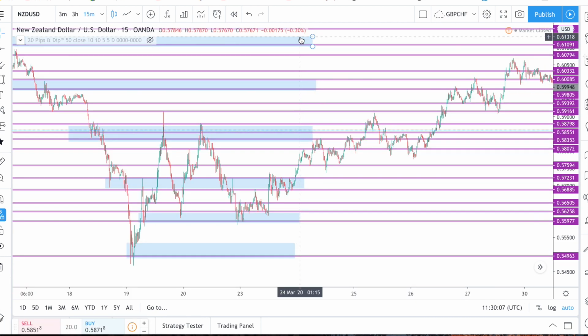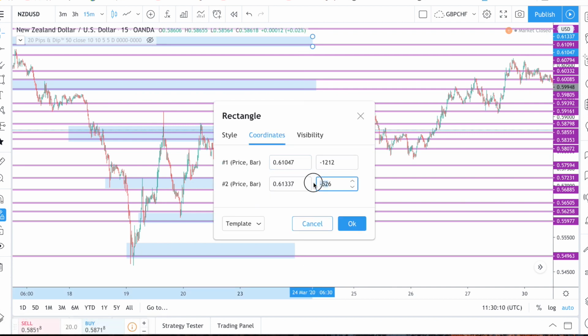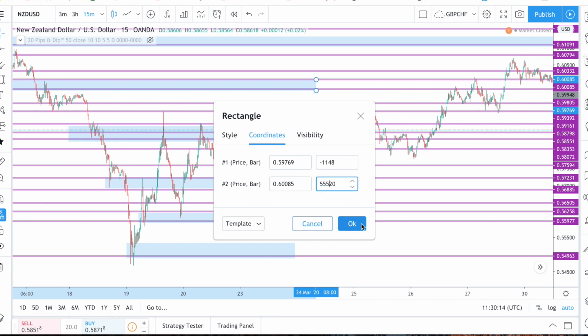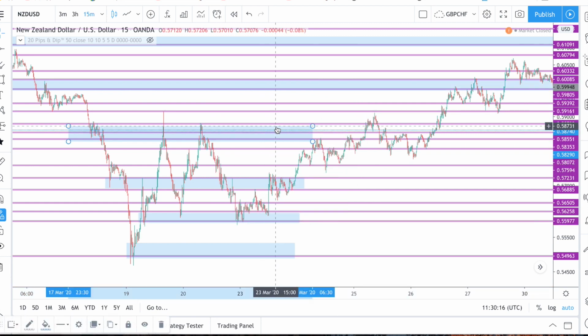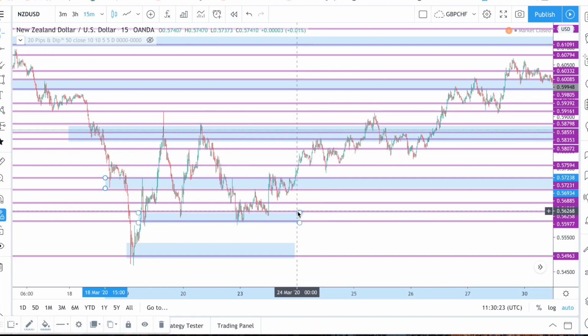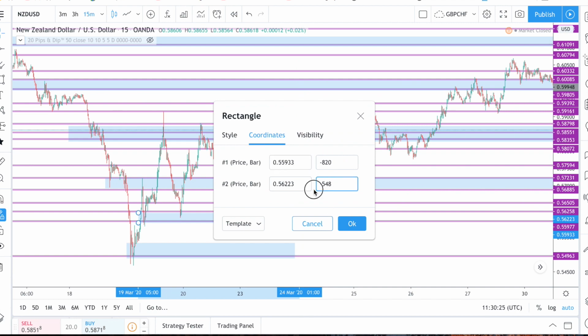All we have to do to extend our zones is double click it and make sure that the number is a positive number, a positive high number. So for example, what I'm doing is I'm just extending my zones so that past price action can help me identify any future opportunities, right?